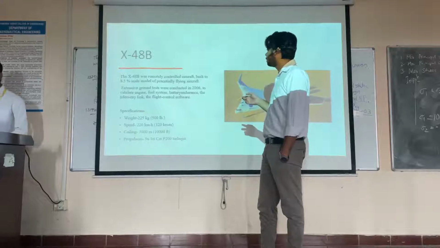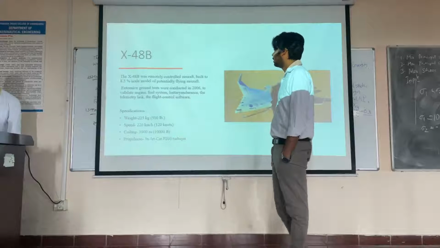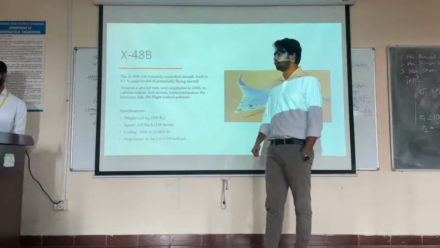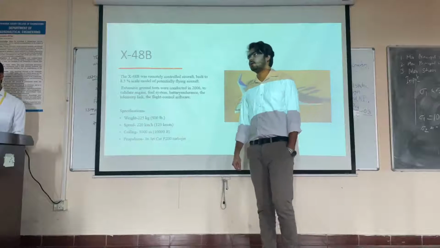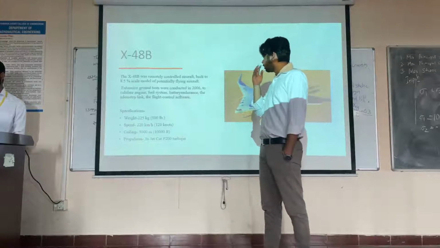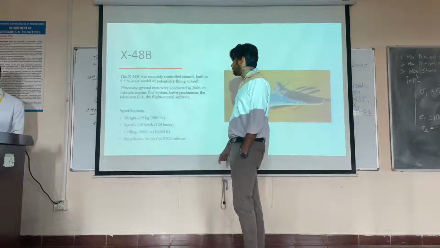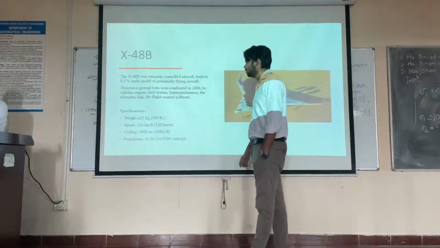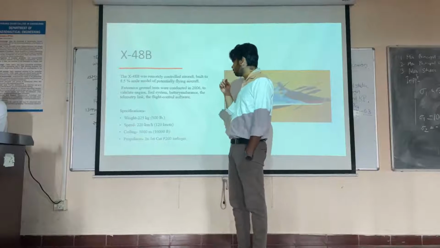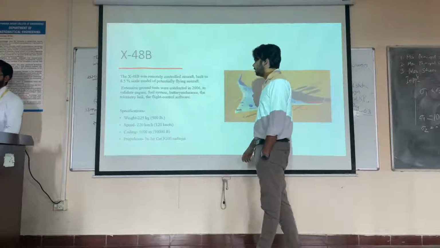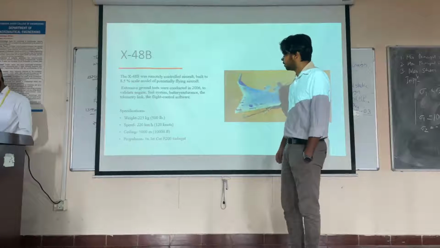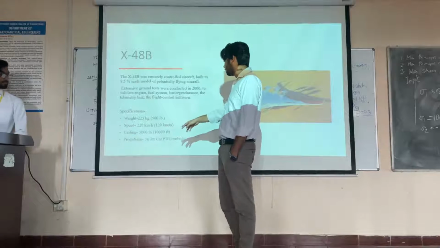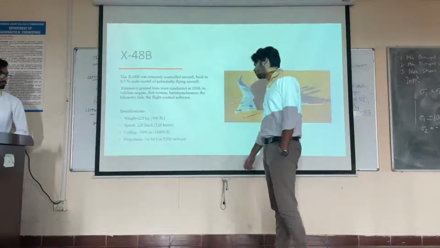This prototype was an 8.5% scale model of the actual aircraft, and the first flight was in 2006. Now some specifications: the weight is 225 kg, whereas the previous one was 1,130 kg. It can go up to 220 km per hour and up to 3,000 meters in height, and it has 3 JetCat T200 turbojets.